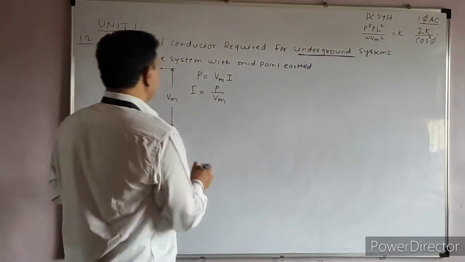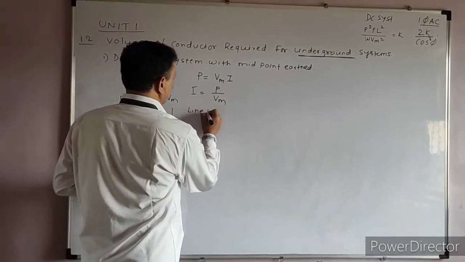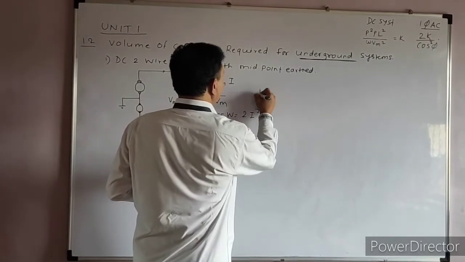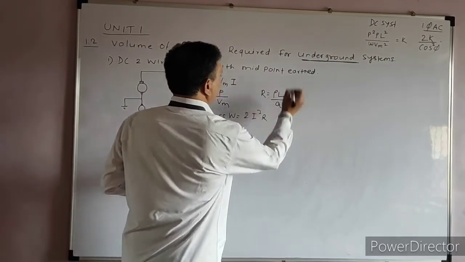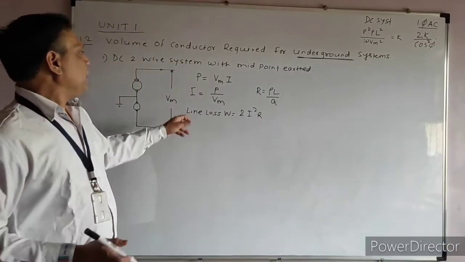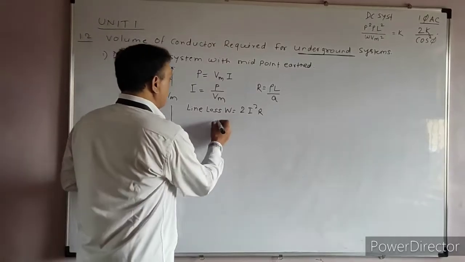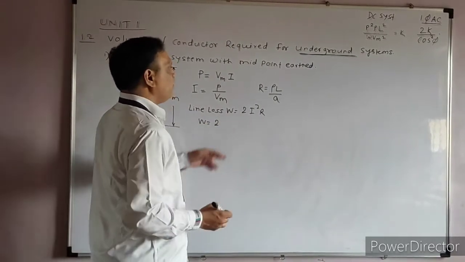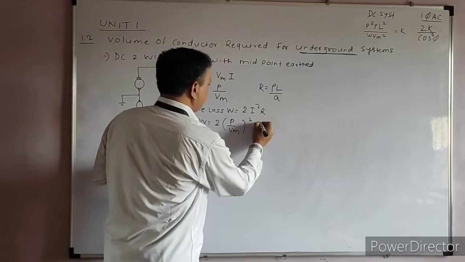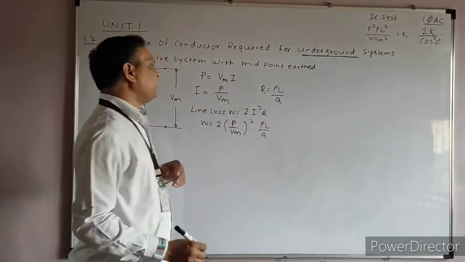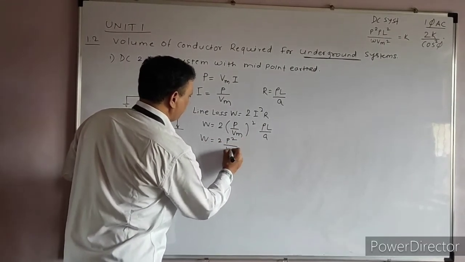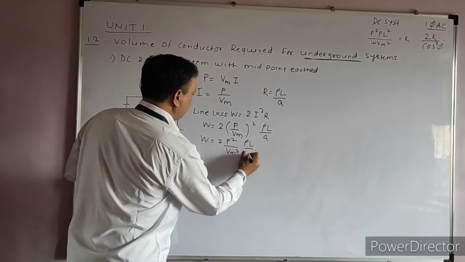As there are two conductors, the total line loss W will be equal to 2I square R. Always keep in mind the value of R we are keeping as rho L upon A. I have already explained what rho, L and A are. So W is equal to 2 into P upon Vm, squared, into rho L upon A. I will put the value of R as rho L upon A. Now if you solve this, you will get 2P square upon Vm square into rho L upon A.